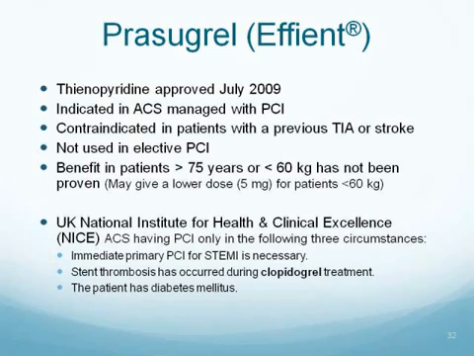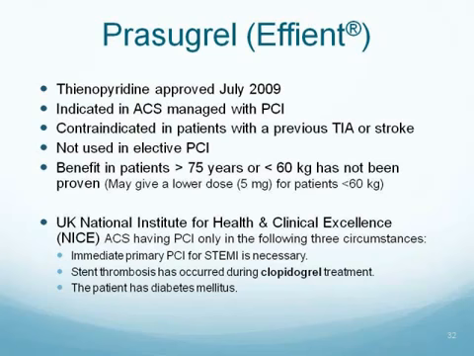And the benefit in patients greater than 75 years of age or less than 60 kilos has not been proven, although it's been suggested using a lower dose for those smaller patients. The United Kingdom also has some guidelines that they have recommended using prasugrel only, again, for patients with acute coronary syndrome that are having a PCI.